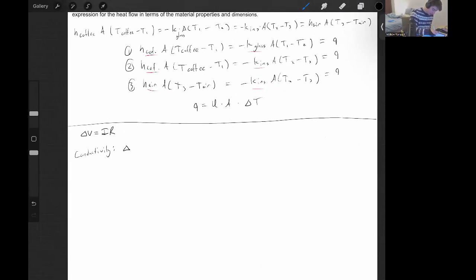We have our change of temperature multiplied by our thermal conductivity multiplied by the area, which is then set equal to some energy. So when you look at this, you can make a lot of similarities. We have a change in voltage as we would a change of temperature for the conductivity.